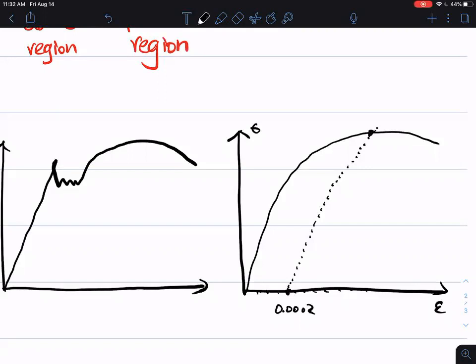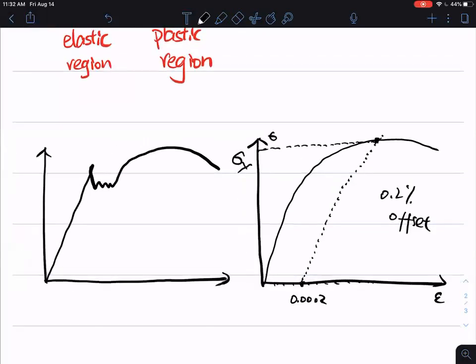And you need to read out the corresponding strain. And that's how you find the yielding strain. That's why it's called the 0.2% offset yielding strain. All right, we could have other types of stress strain curves.